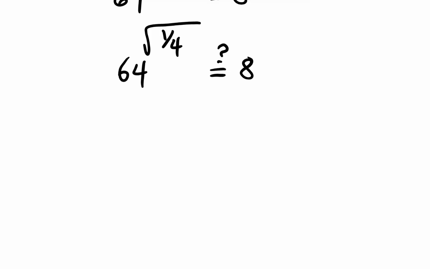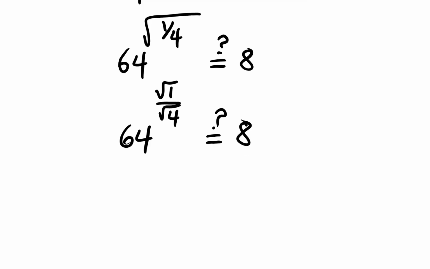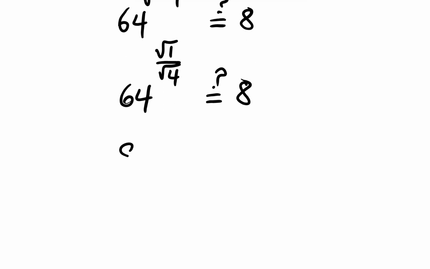So this is the same thing as 64 raised to the power of root of 1 divided by root of 4. And we can as well rewrite 64 as 8 raised to the power 2. Now times root of 1 divided by root of 4.